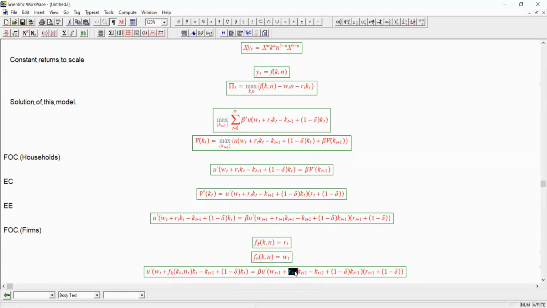The rental rate of capital tomorrow is going to be that. Actually, in a way, I'm overdoing this because, of course, we know what n is going to be in this environment. We know n is going to be 1, but let me just finish this because it's going to apply in the more general case where agents might actually care about leisure.